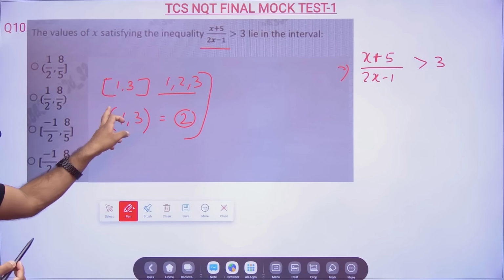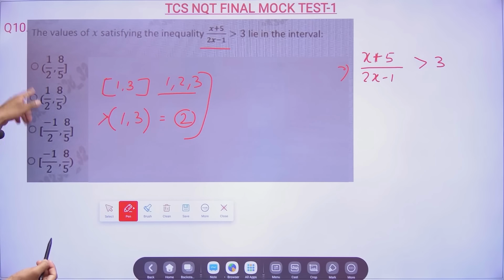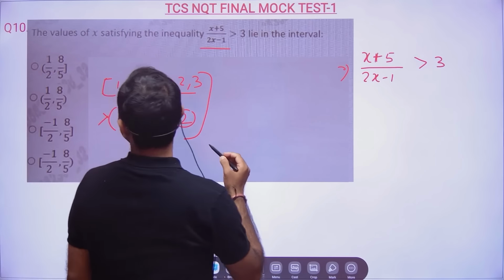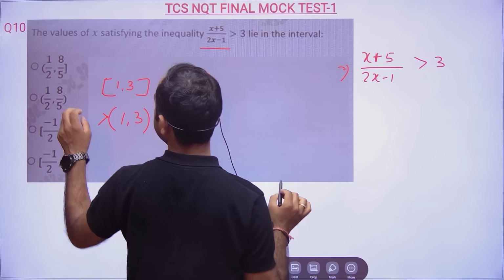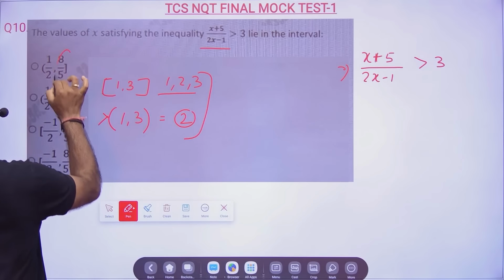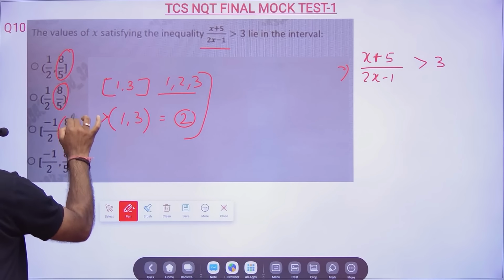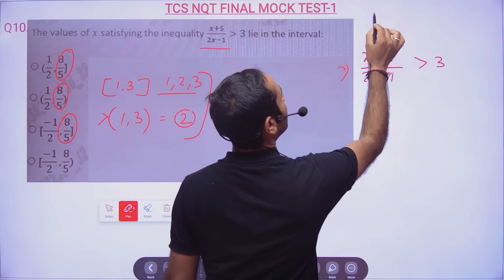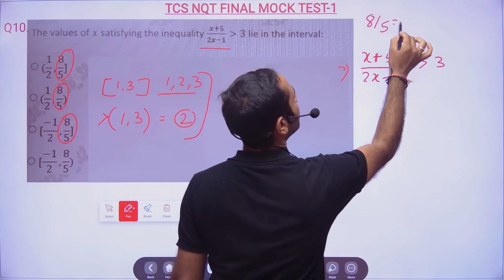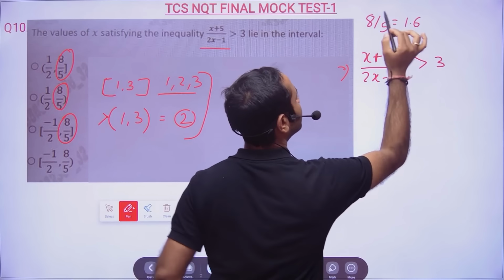One means inclusive, the other means not inclusive. Now they are asking you to tell the range. So what I do, see here everywhere 8 by 5 is written. You just have to figure out if it is inclusive or not. So I'll put 8 by 5 here, which is nothing but 1.6.